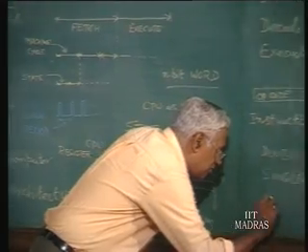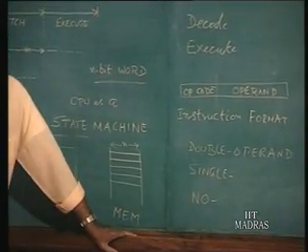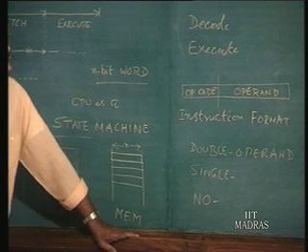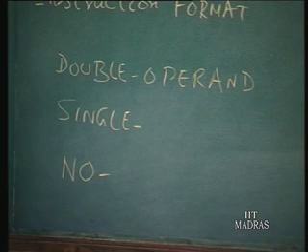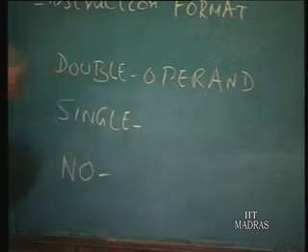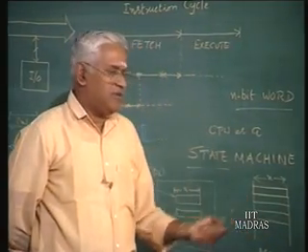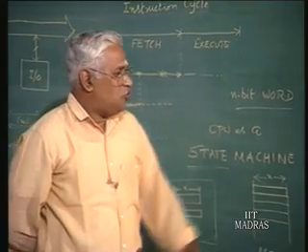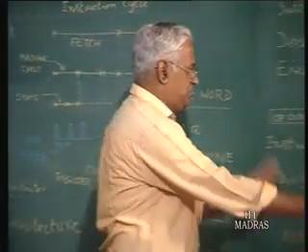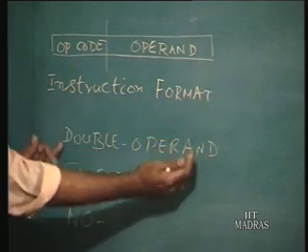And then there are instructions in which zero operands, no operand even will be referred to, or there is no need for explicitly stating what the operand is. For instance, you have simply halt the processor. Where is the operand? Absolutely no operand involved. Halt the processor.